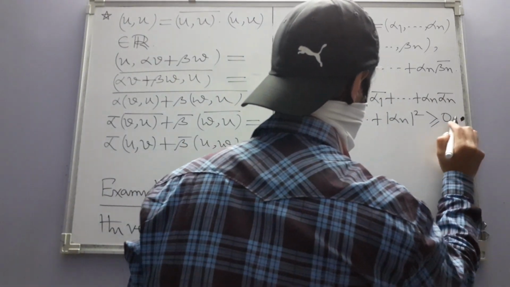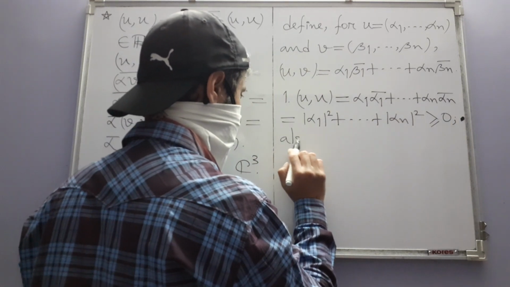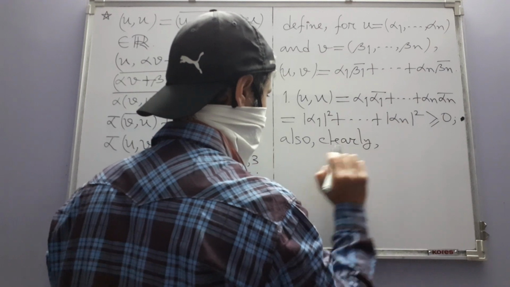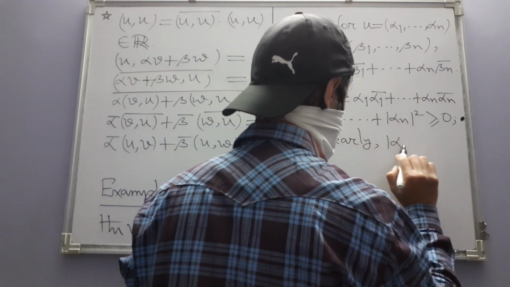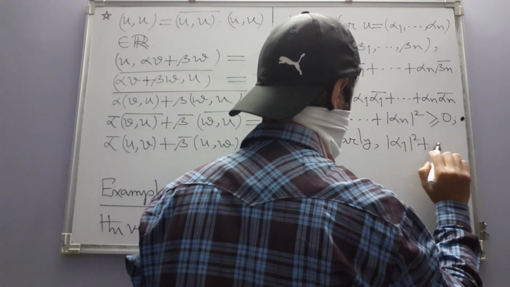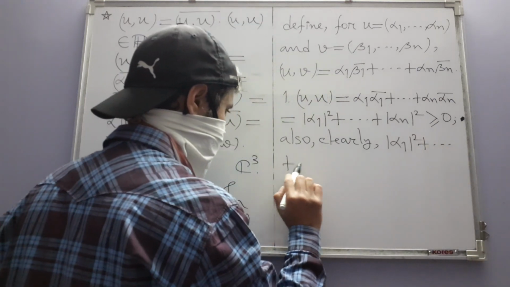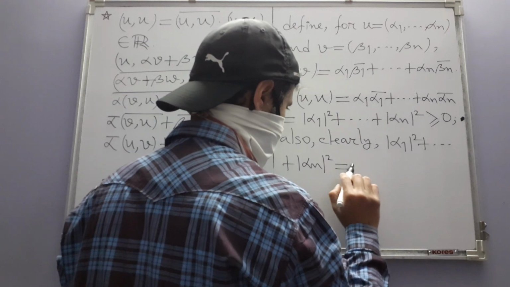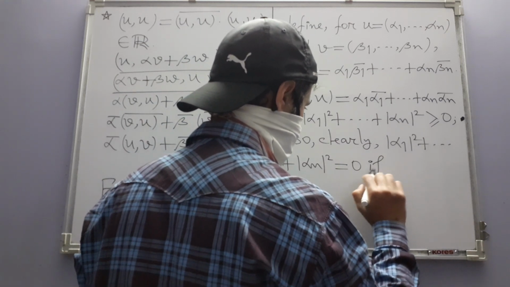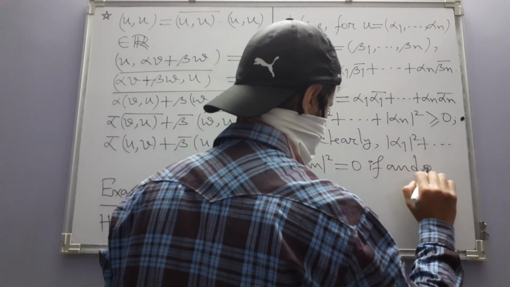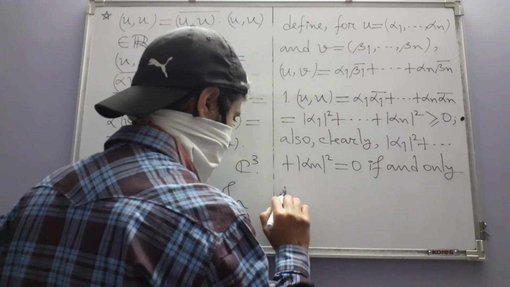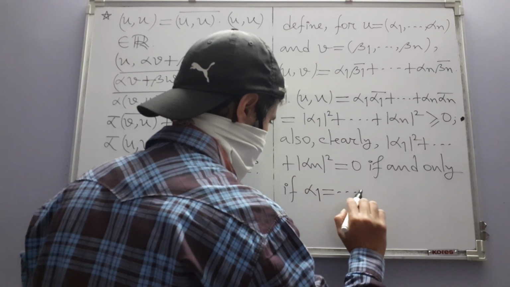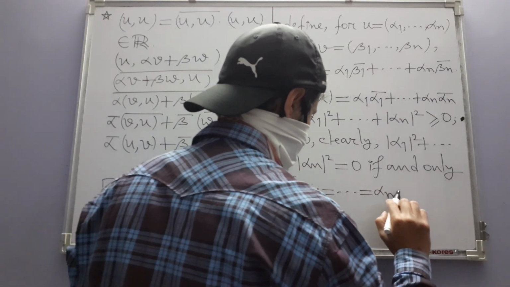Also, clearly, this sum is equal to 0 if and only if each one of these complex numbers is equal to 0.